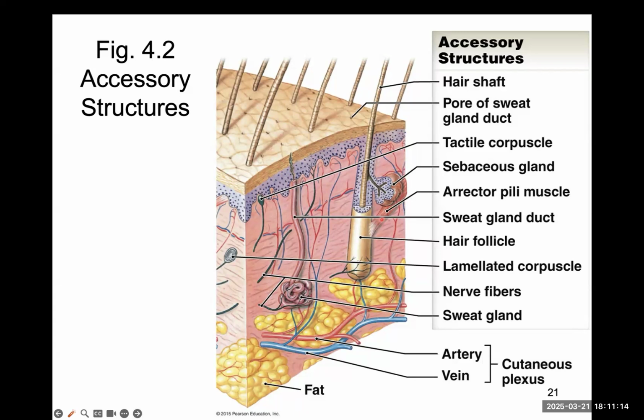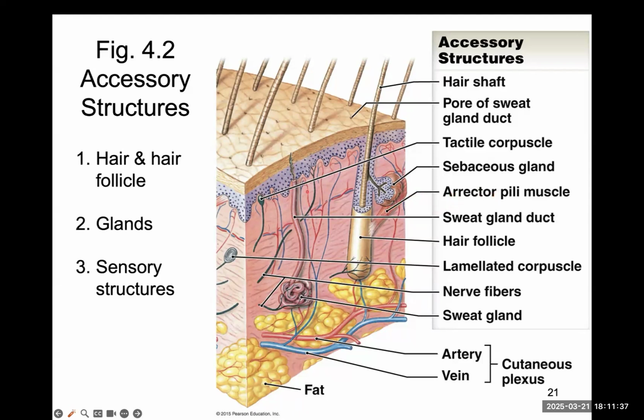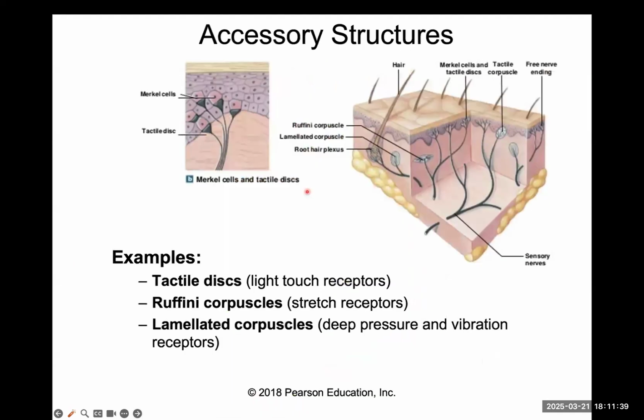So imagine that you got these spears, and they're standing straight. So this is how ancient Greeks and ancient Romans used to fight. They would have the columns of soldiers and spears, and the ones in the back would have spears standing straight up, and that would protect them from arrows. So that's the erector pili muscle. So we have hair follicles, glands, sensory structures, and erector pili muscle.